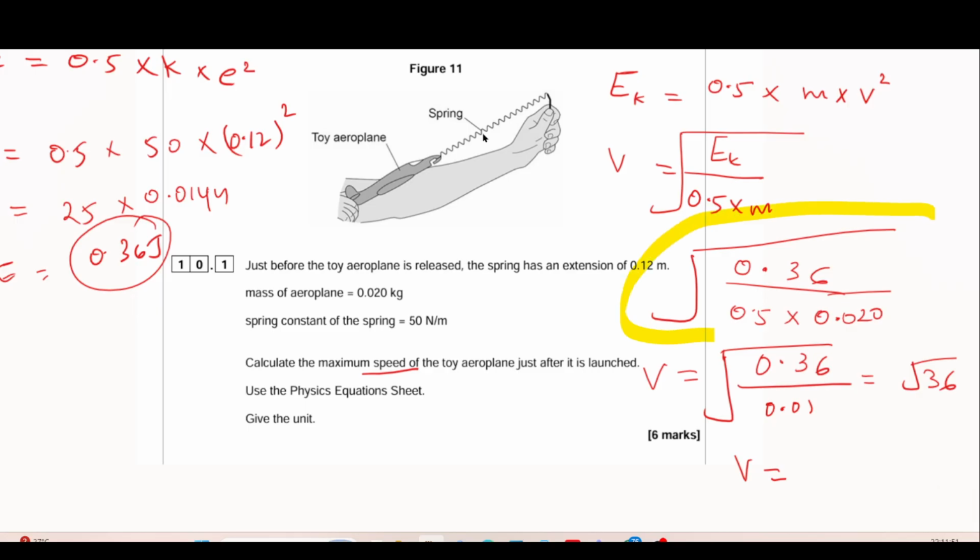Did you get this equation? 0.36 over 0.5 times 0.020, and then square root.